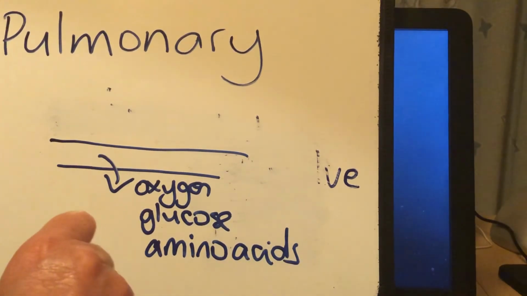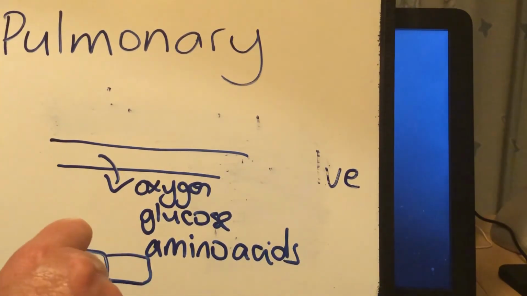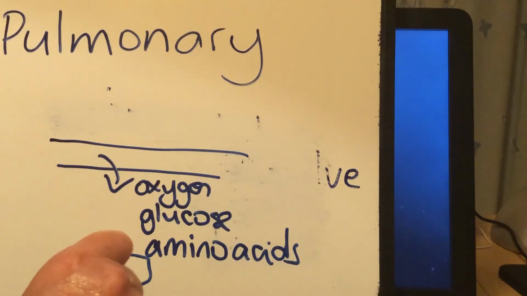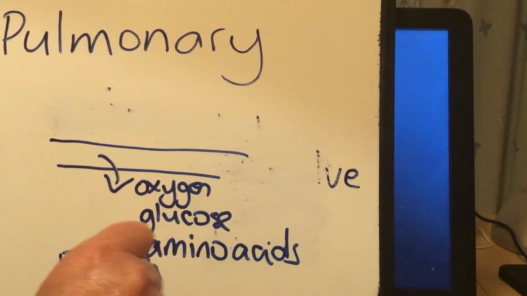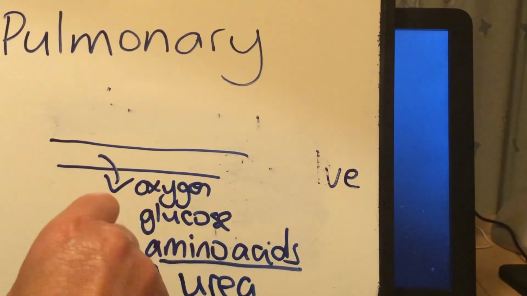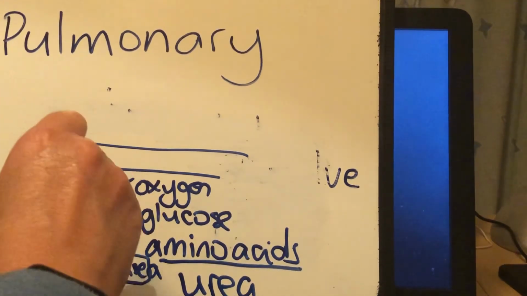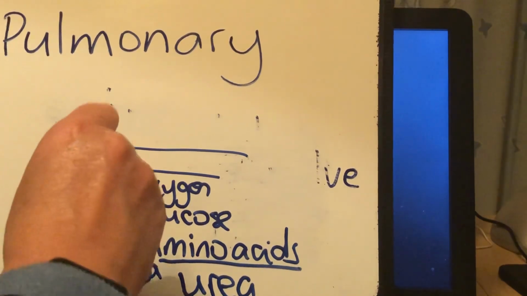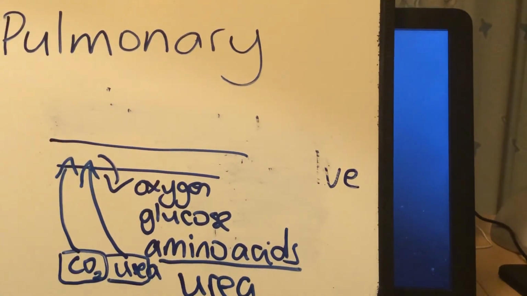And then we've got the body cells that will be making things like carbon dioxide and urea, spelled U-R-E-A. Those things will move in that direction. They will diffuse in that direction back into the blood.